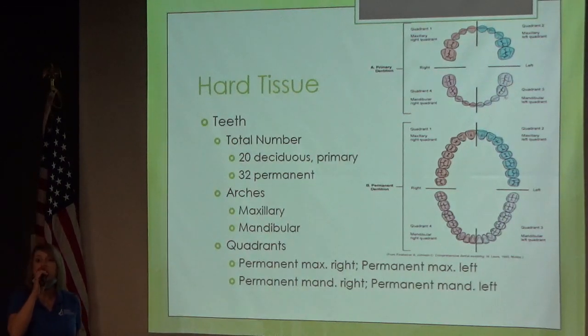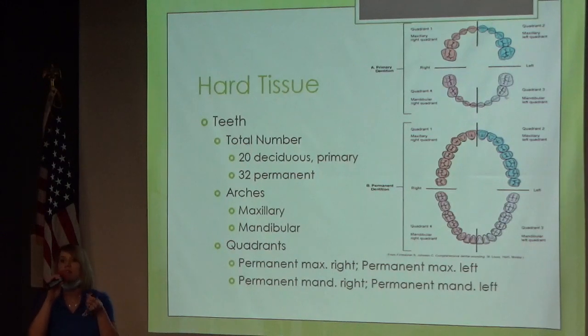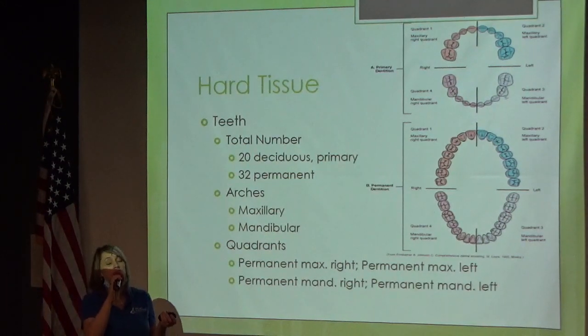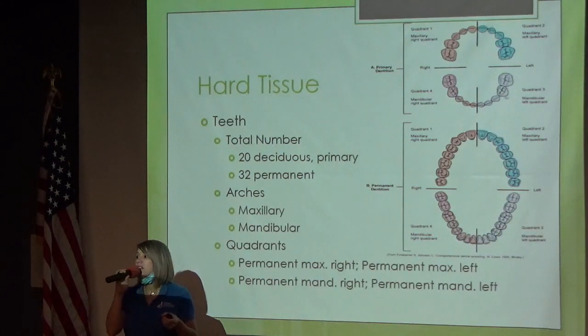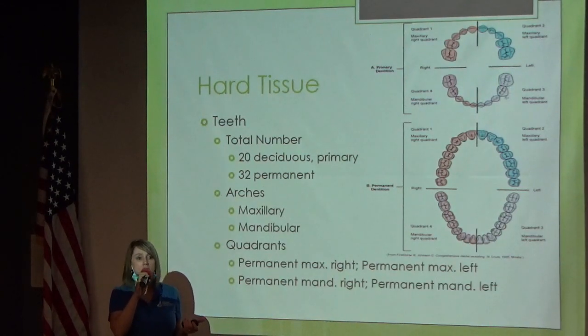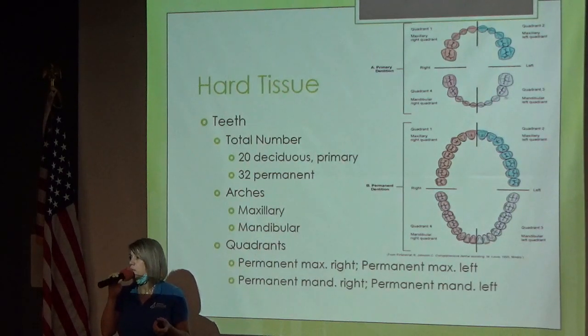For an assistant, you may also be taking quadrant impressions, just one impression of that quadrant, or scanning just one quadrant. Those will be the things that you see written on your daily schedule or in the chart as instructions for what you need to do, depending on the procedure.